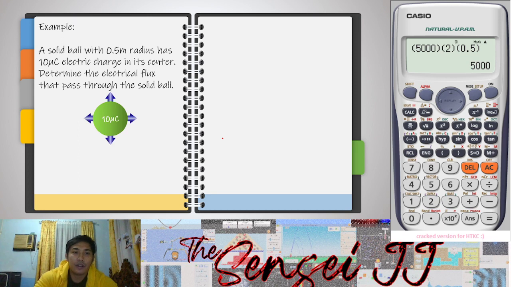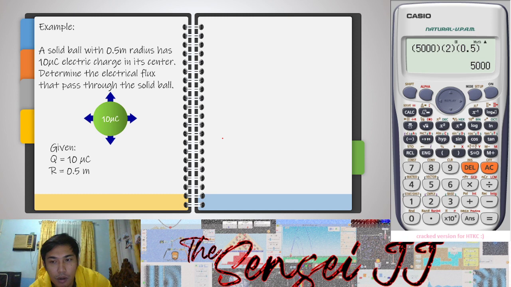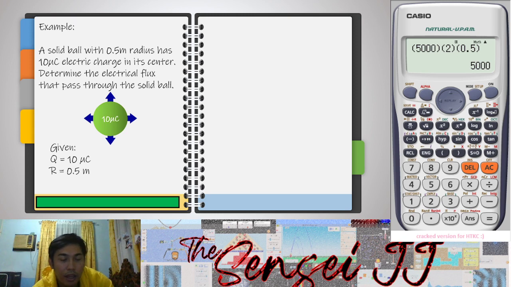And we have here the directions of our electrical flux. Okay, so we have here our given of 10 microcoulombs as our charge, and we have here the radius of 0.5. So let's try to solve this one, and meron akong sasabihin sa inyong trick dito.